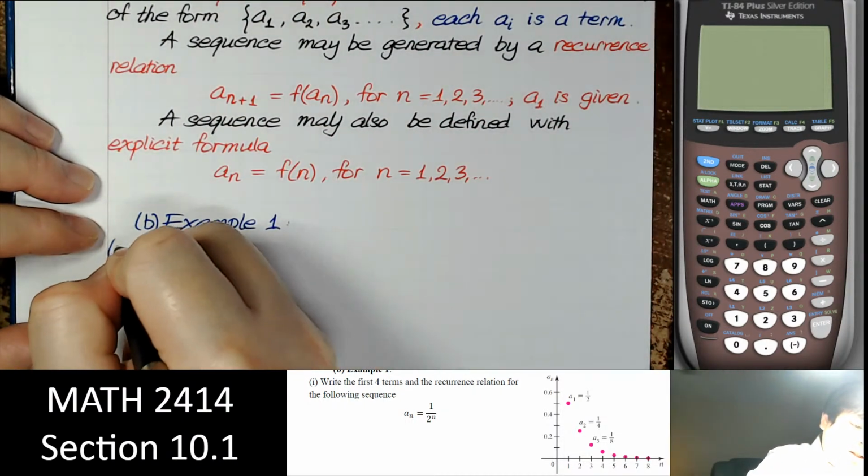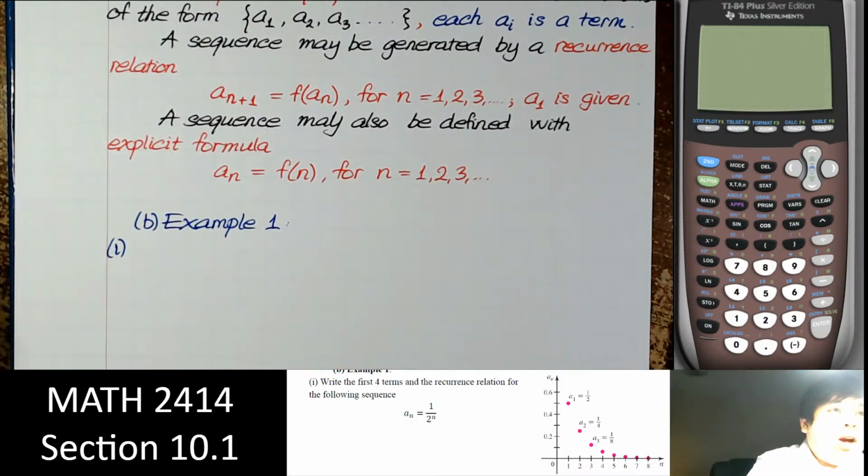Let's look at the first example. The question is, write the first four terms and the recurrence relation.